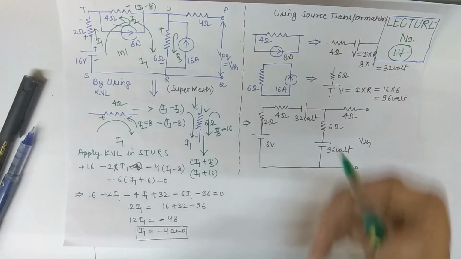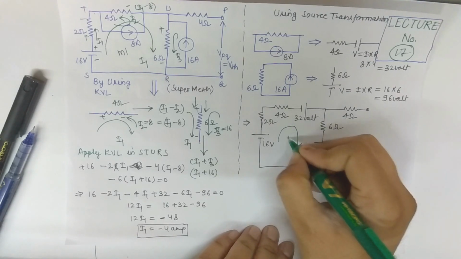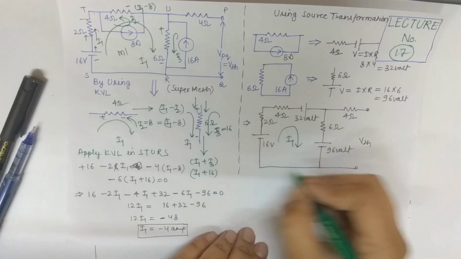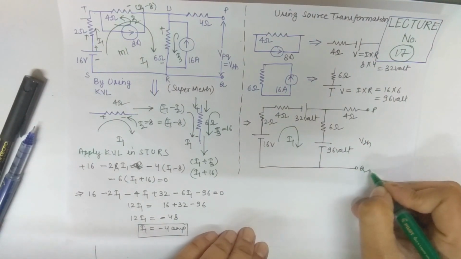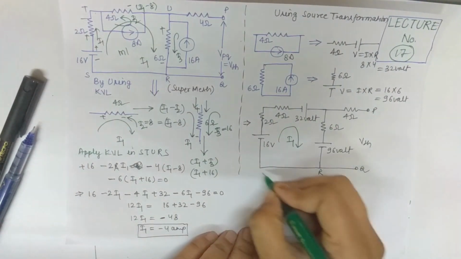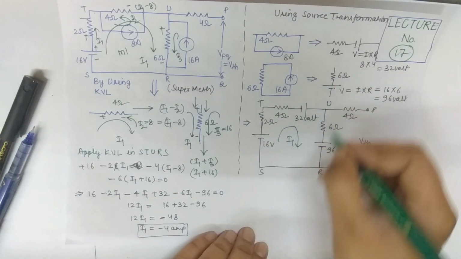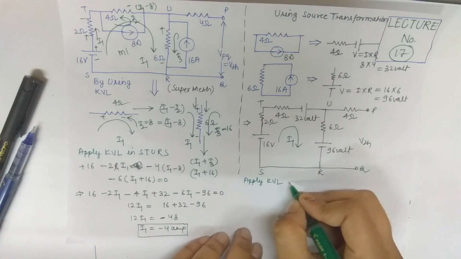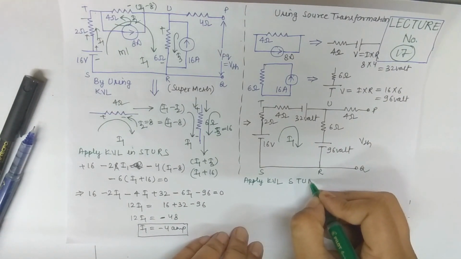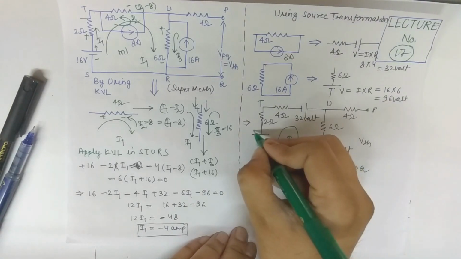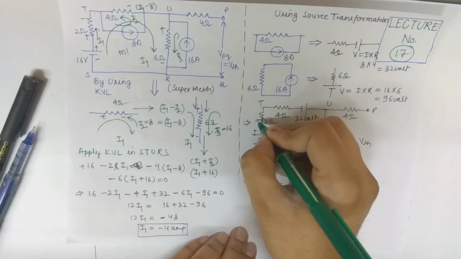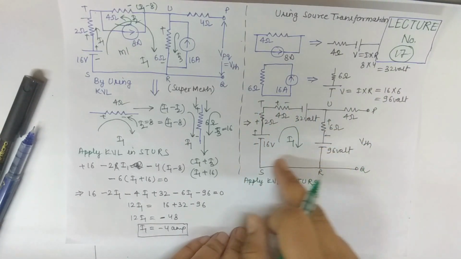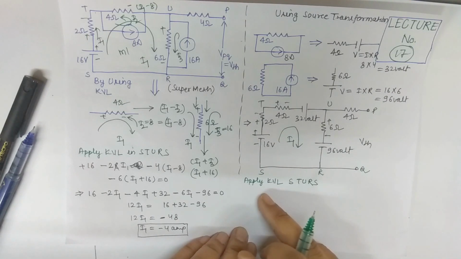Now we consider, let us say, current I1, and this is, let us say, PQ, let us say this is R S T U. So apply again KVL. Start from S T U R S. This is positive, negative, positive, negative, positive, negative, and positive, negative, and all the resistance are in series. So apply KVL here.